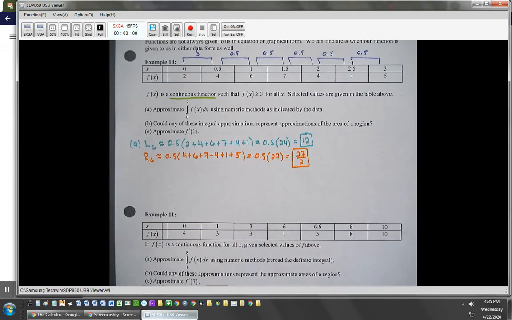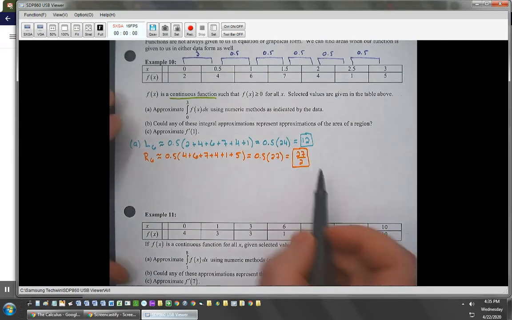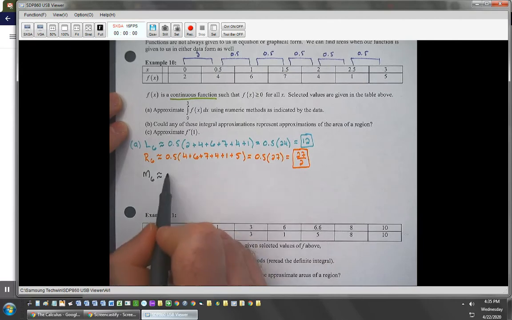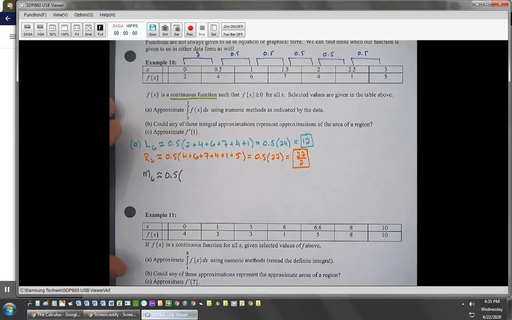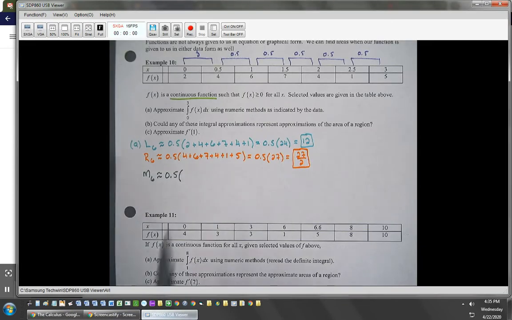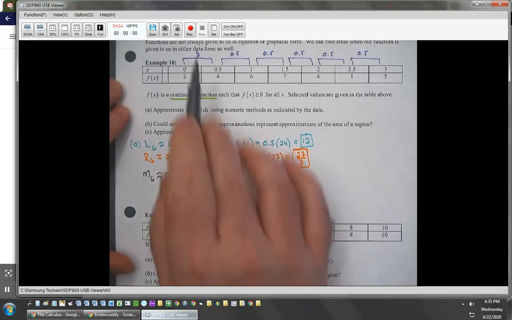Now let's try a midpoint approximation. How long are my gaps? My gaps are still 0.5. Now I want to evaluate the midpoint of these. Hold on a sec, sorry. All right, I forgot. When we want to do a midpoint, you can't estimate.